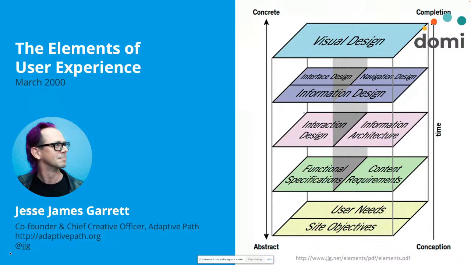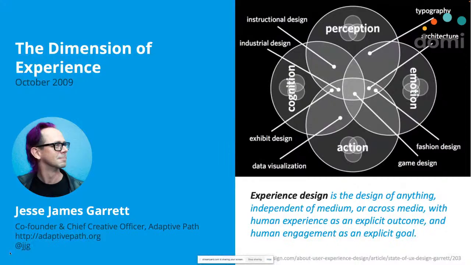And then I learned over time that UX gets bigger than that. Jesse James Garrett later created a diagram that has this whole experience as a human, experience design, the design of anything, independent of medium, across media.